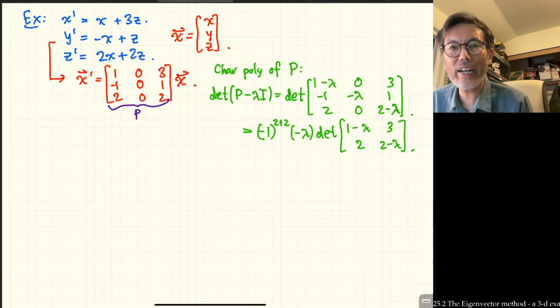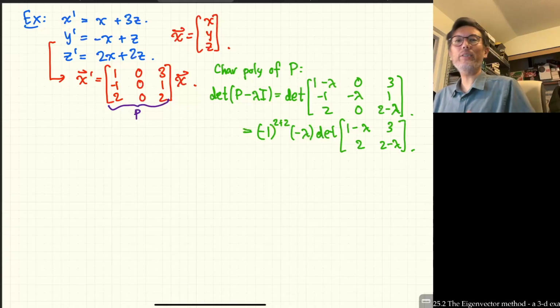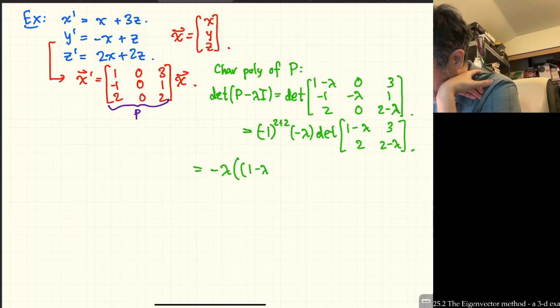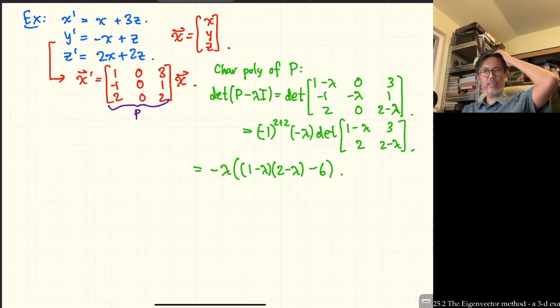And I hope I didn't mess this up. I think we're okay. Negative 1 to the 2 plus 2, as I said, is 1, so I'm not going to bother to write it. Negative lambda we have out here. And then we're going to multiply that negative lambda by 1 minus lambda times 2 minus lambda. That's the product of the diagonal entries minus the product of the off-diagonal entries. Minus 6.